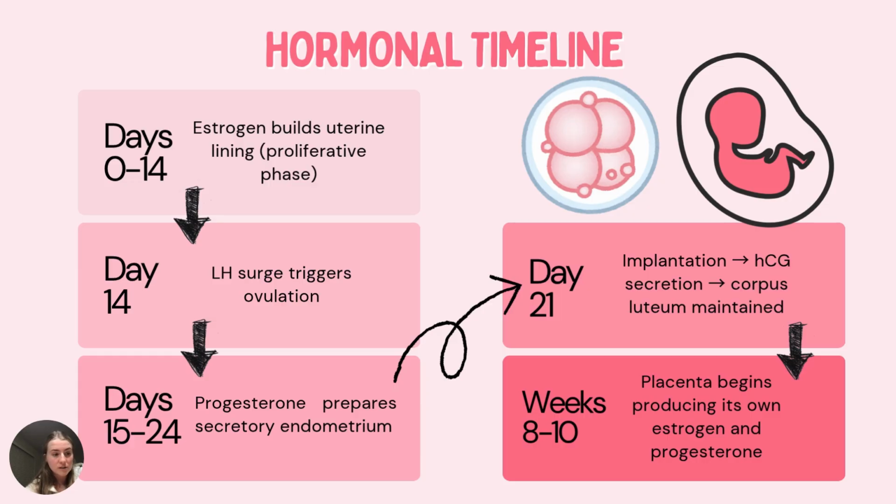And we need the corpus luteum because by about week 8 to 10, the placenta begins producing enough estrogen and progesterone to maintain pregnancy on its own. That is called the luteal placental shift, once it goes from the corpus luteum to the placenta being able to produce these hormones.